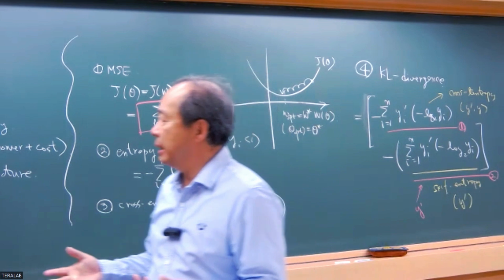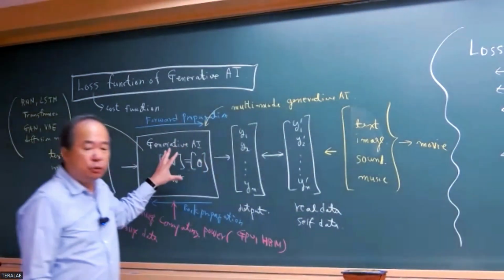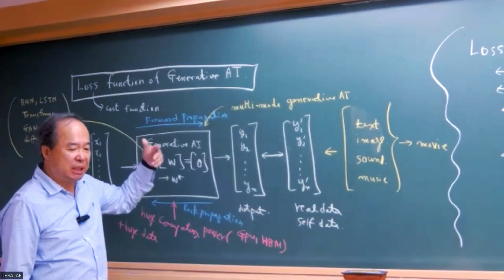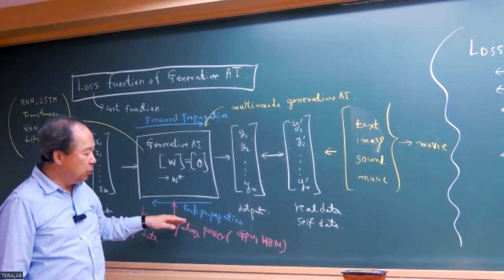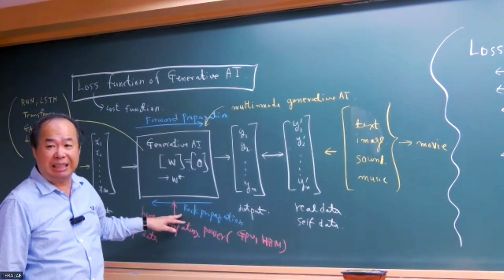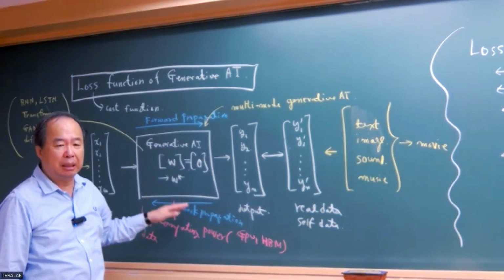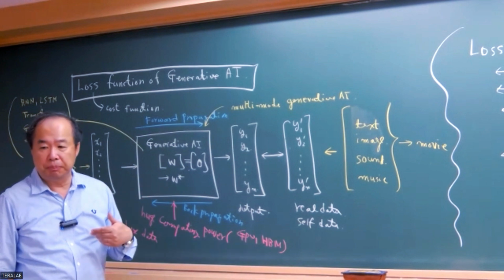I'd like to summarize at this moment again. In generative AI, during the training process, we have to execute forward propagation and backward propagation. Backward propagation is represented by the gradient descent method. In the previous classes, I showed that we can do that by deriving the chain rules.